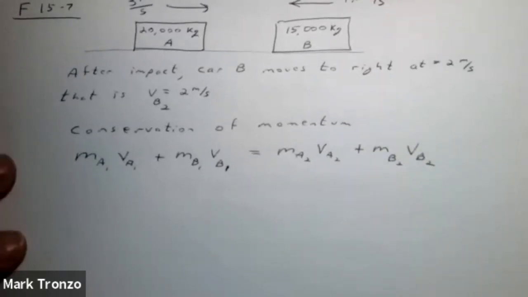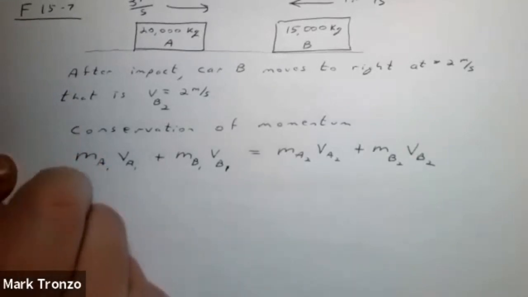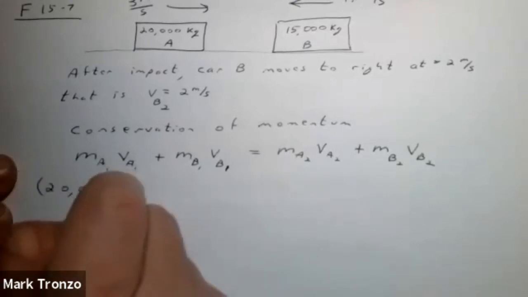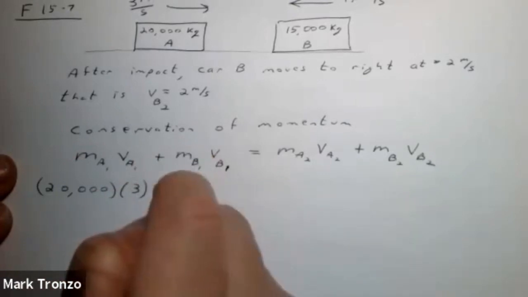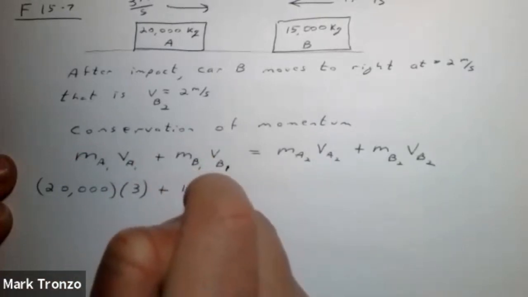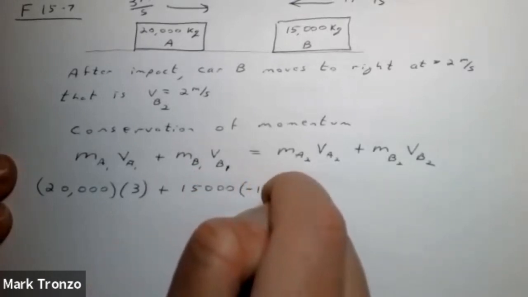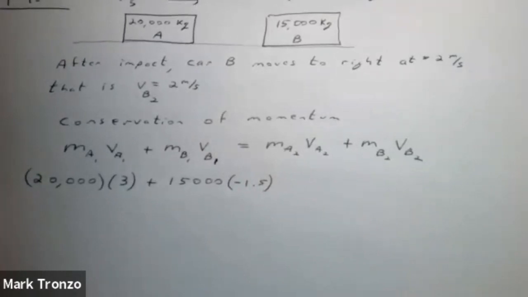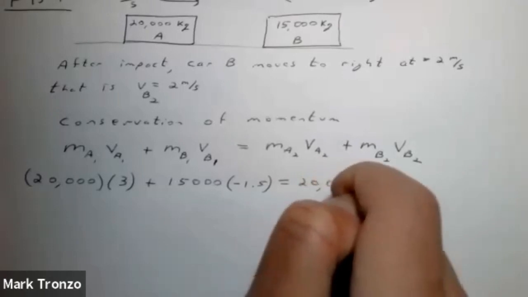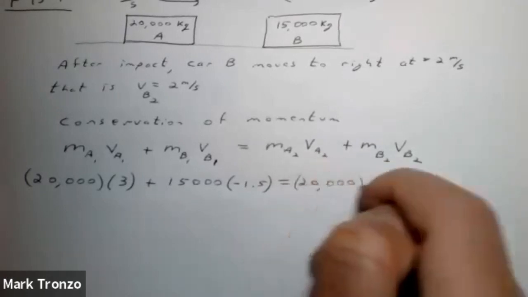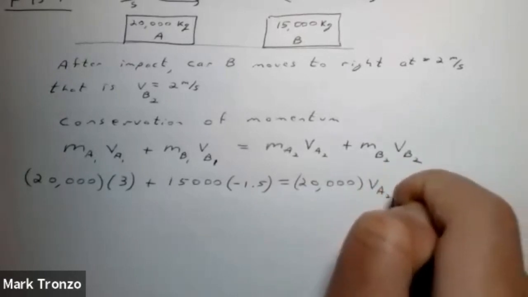So now we've been given most everything. We know the mass of A is 20,000 kilograms. Velocities to the right, we'll call to the right positive, so that'll be 3. The mass of B is 15,000. We'll call going to the left negative, so that'll be 1.5 meters per second. Then after impact, the mass of A, of course, is still the same, and we don't know the velocity of A after the impact.